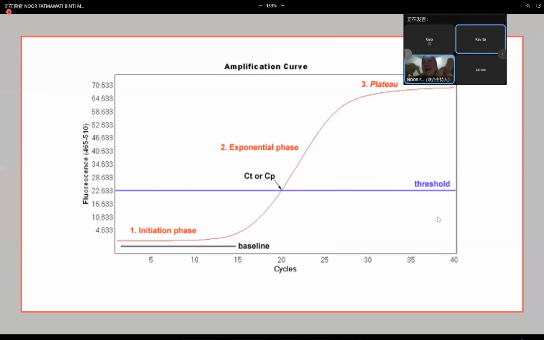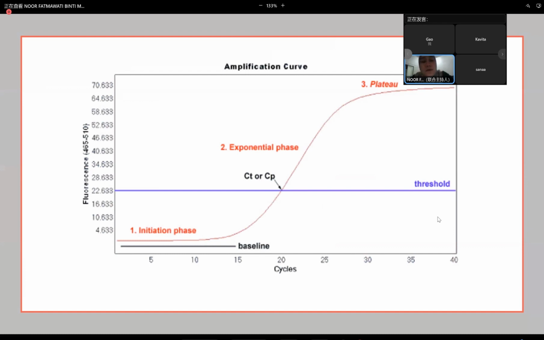But now they change CT to become CQ. Q means quantified cycle or something. Cycle quantified. Okay. So you can double check that. But CT equals CQ now. CT is the old name. CQ is the new name.